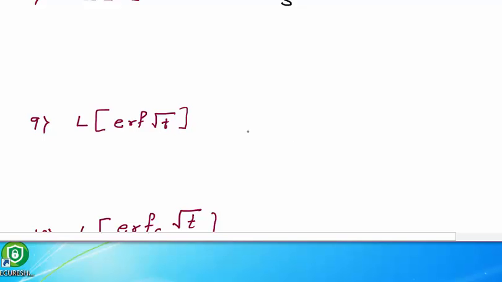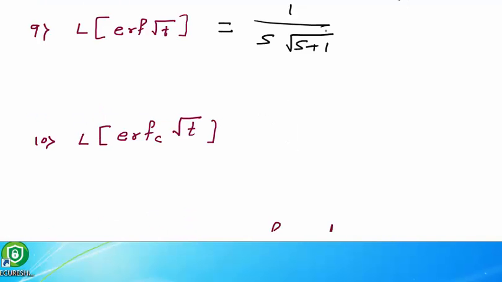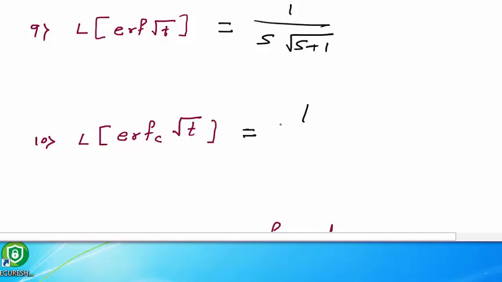Laplace of error function of root t is 1 upon s root of s plus 1. And finally, Laplace of the complement of the error function will be 1 upon s plus 1, and then in another bracket we have root s plus 1 plus 1.